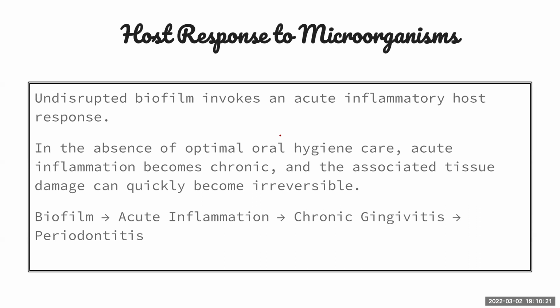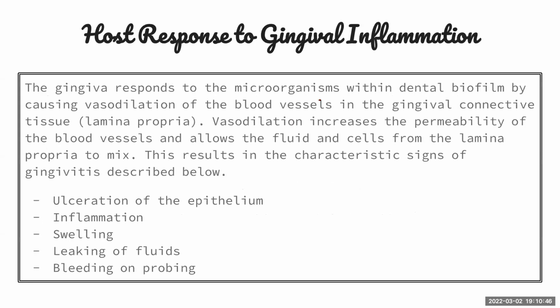It's long lasting, and its associated tissue damage can quickly become irreversible if it stays there long enough. When it's irreversible, it's periodontitis. So you've got your biofilm, then your acute inflammation. If that's not resolved, you've got chronic gingivitis. If that's not resolved, it can turn into periodontitis.